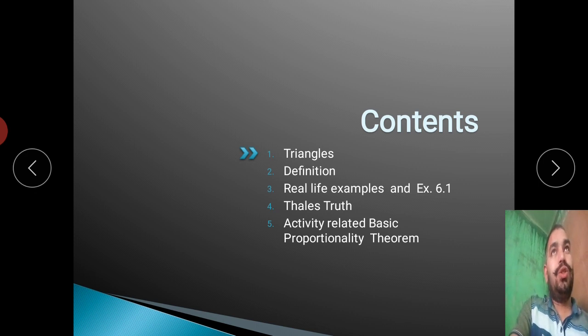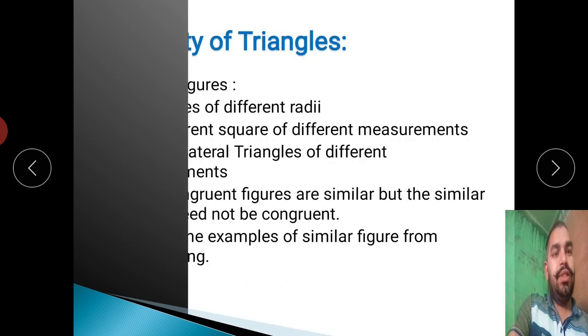We come across an activity given by Thales, and it will convert into the Thales proportionality theorem. We will try to understand that basic activity to understand the Thales theorem in this video. So let's move ahead.